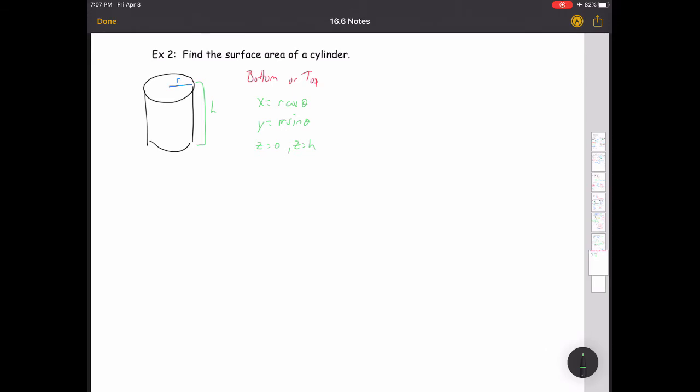Let me start over again. If it's the bottom, z is 0. If it's the top, z is h.